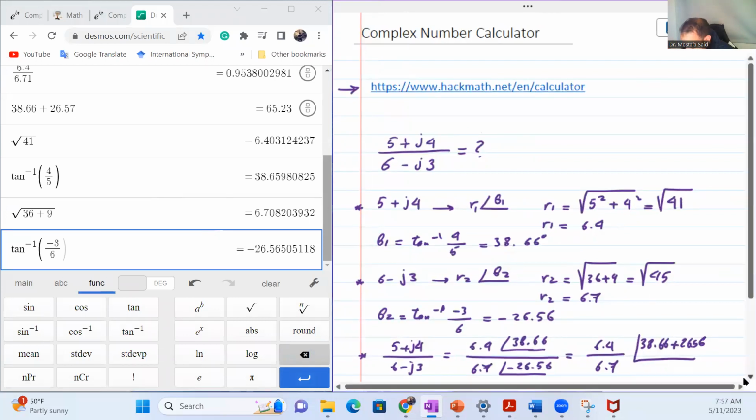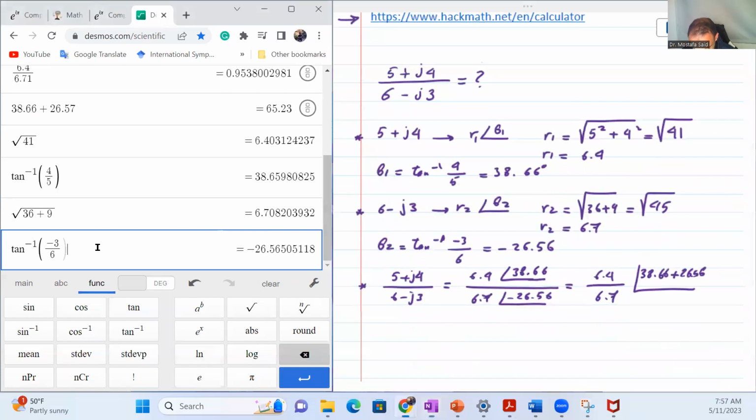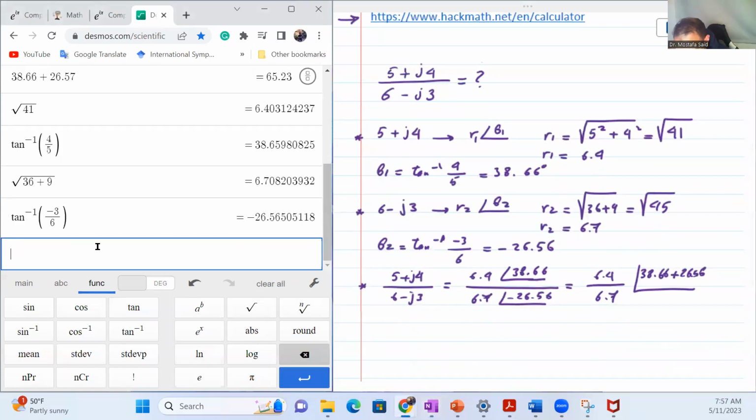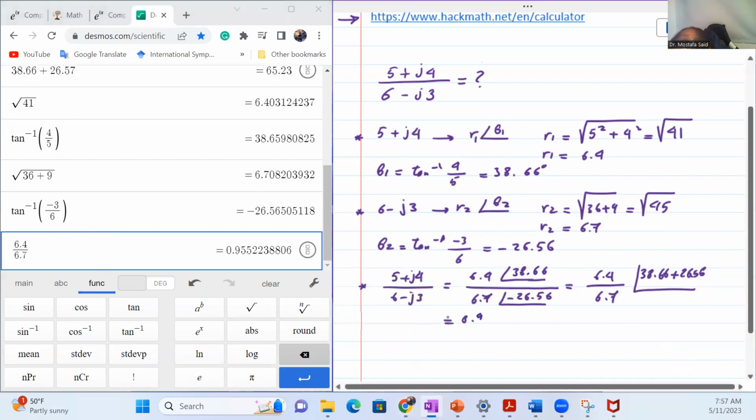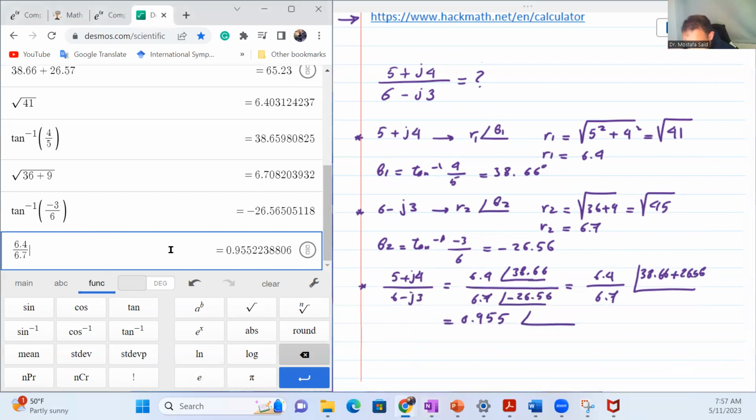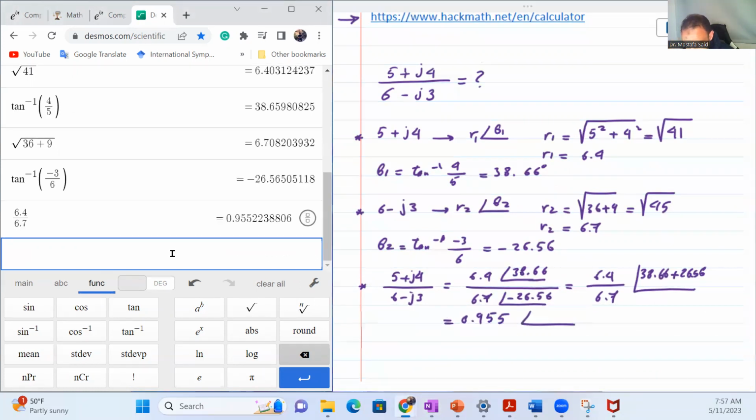So let's calculate this very quickly. We have 6.4 divided by 6.7. That's 0.955. Then we should add these angles together: 38.66 plus 26.56 is 65.22.